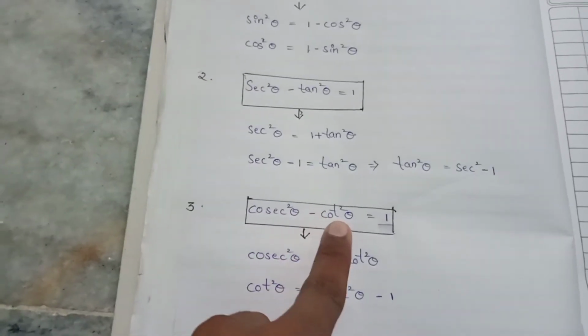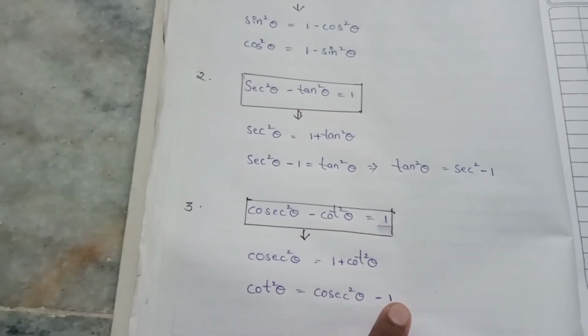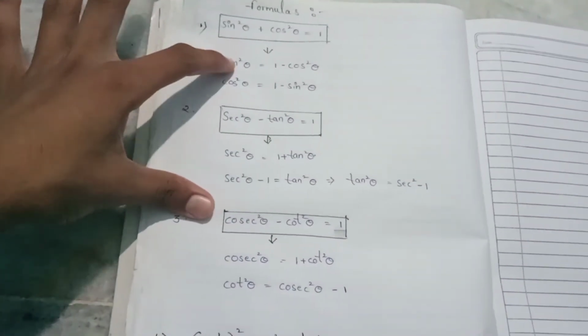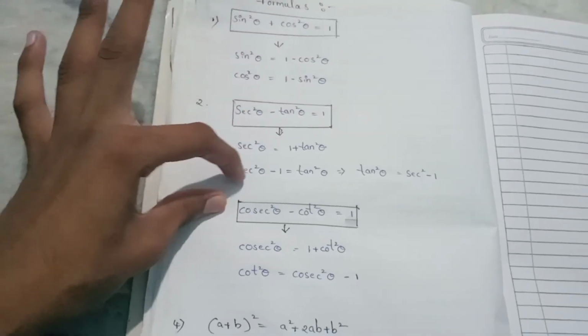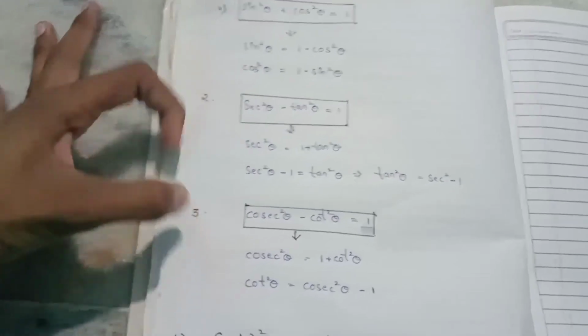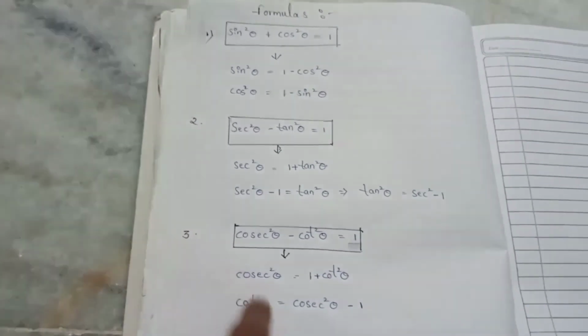So cot square theta is equal to cosec square theta minus 1. Based on these three formulas, we derived how many formulas here? 1, 2, 3, 4, 5, 6, 7, 8, 9. So we have to learn these 9 formulas by heart, then only you can do exercise 11.3.